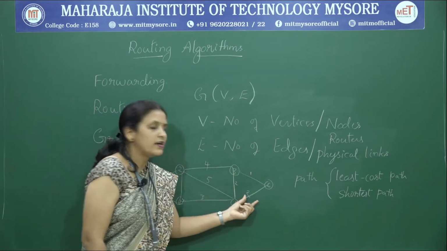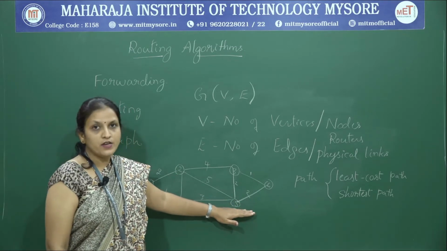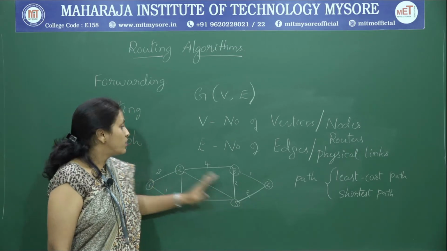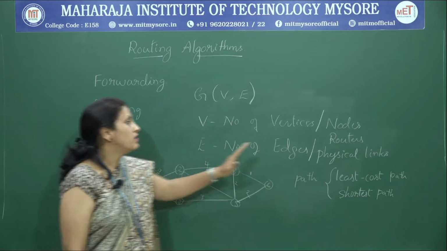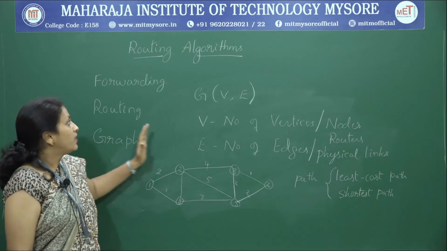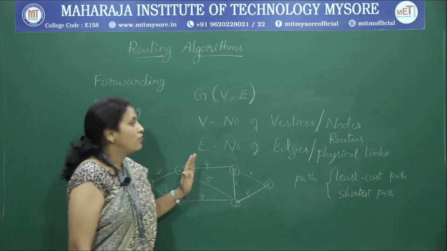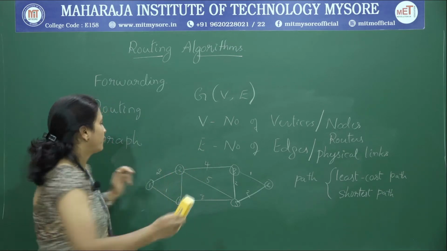These weights are calculated based on some criteria which is not of concern for us at this time. Okay, so this is about the least cost path or shortest path and the graphical representation of our network. Okay, now after this we will move on to the classification of network.